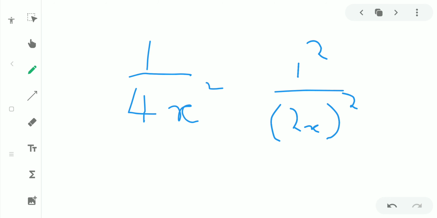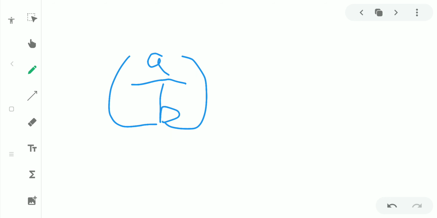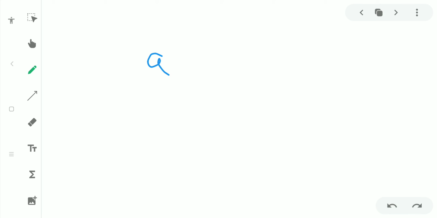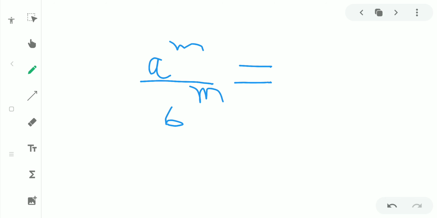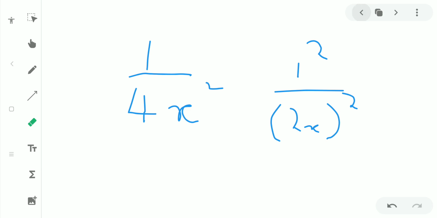And for this we have another formula, that is a power m by b power m is equal to a by b whole power m. So that is the formula.